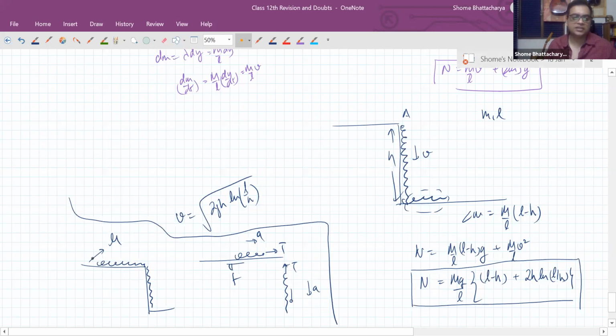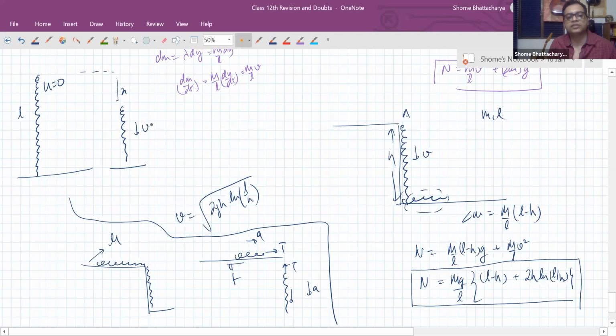And the simple variation of this is when the chain is just hanging vertically initially and you release it, u equal to 0, from this position. So by the time this is displaced by x, this is the easiest version of this. Your V becomes root 2gx.